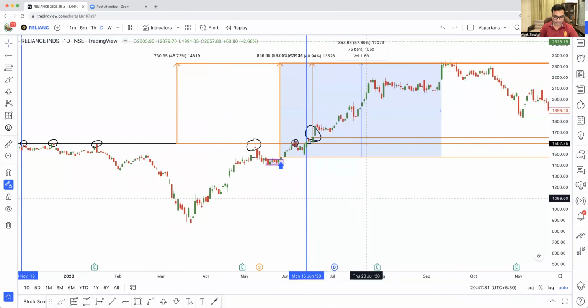On a real-time basis, if you go on my Twitter timeline, you will find in the month of June 2020, I had posted the same chart. Right? So this is on a real-time basis. For example, one more chart pattern, Havells.